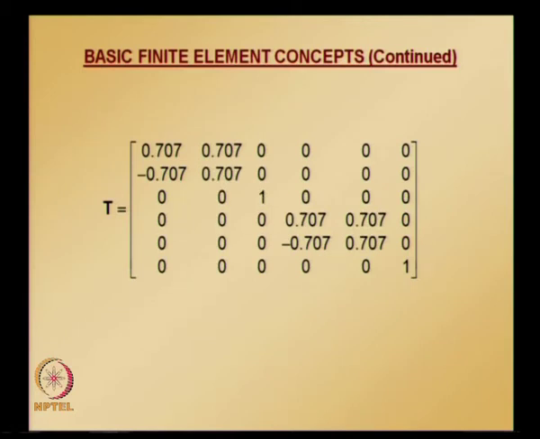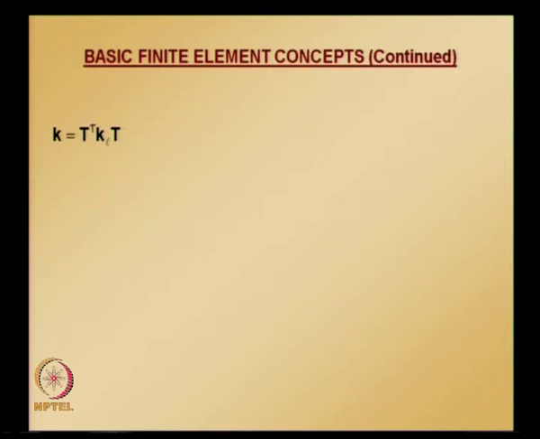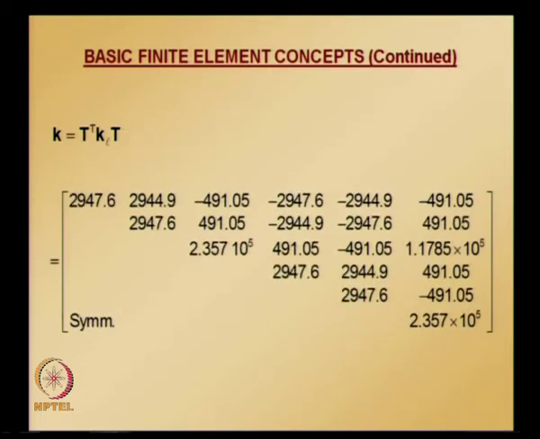This is the transformation matrix, and the local stiffness matrix, and the local load vector. The stiffness matrix for element 1 in the global coordinate system is given by T transpose K L T.